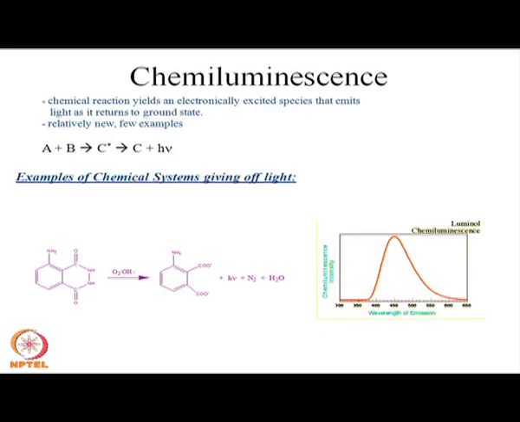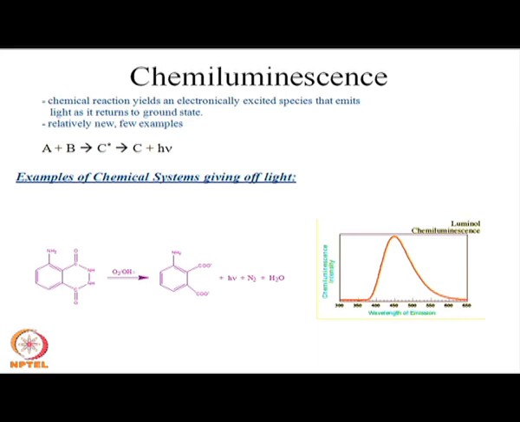Luminol is a very important chemical for forensic analysis, including different forensic analyses involving blood. So this is very important. Using luminol-like systems, you can employ them in forensic and other applications.